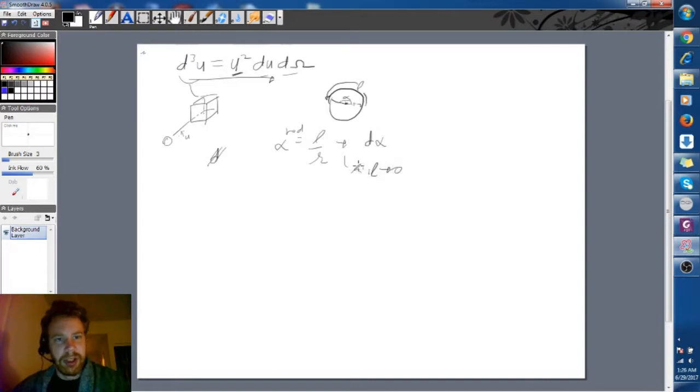Excuse my terrible writing there. The limit of L going to 0. D alpha here is just equal to dL by r. R stays constant as L goes to 0.